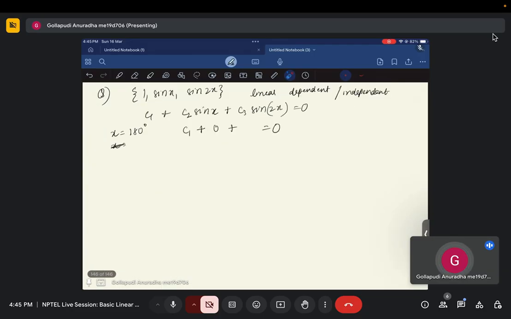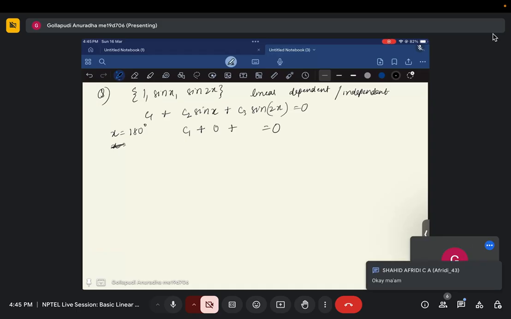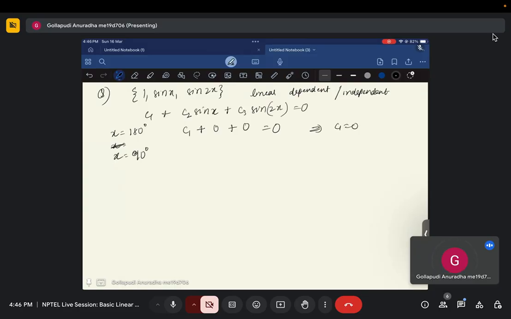So the next question was this. Now I'll check some values. If x is equal to 180 degrees, then I'm getting c1 as 0. Suppose I take x as 90 degrees, then I'll get c1 plus c2 is equal to 0, because sin 90 is 1 and sin 180 is 0.